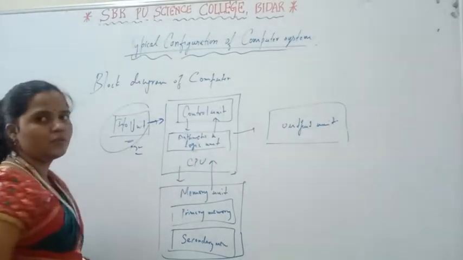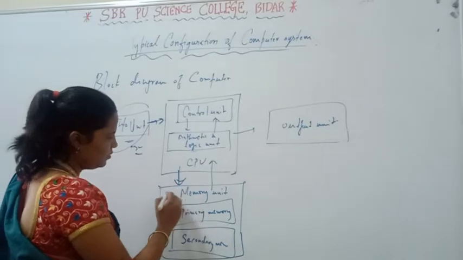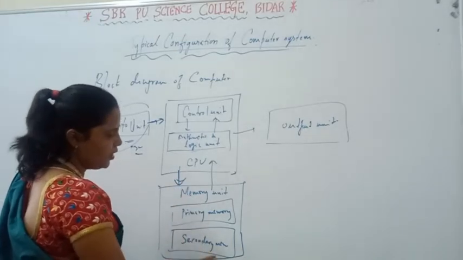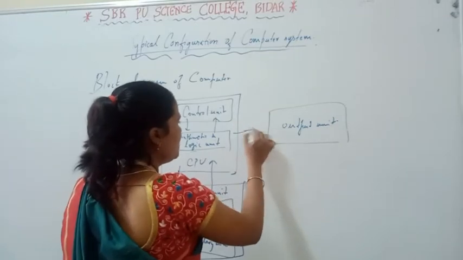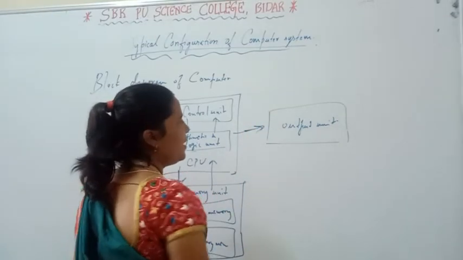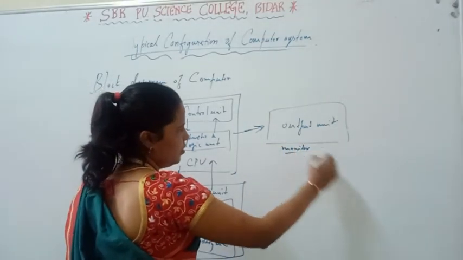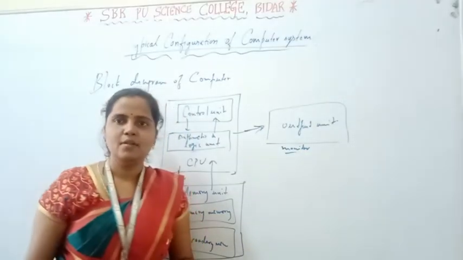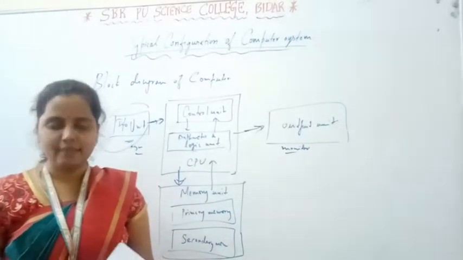This is a CPU, central processing unit. Again, memory unit, primary memory, secondary memory. Later on, the processed data will be displayed in the output unit. That is, it can be shown on the monitor or it can be given as a printout in the printers.